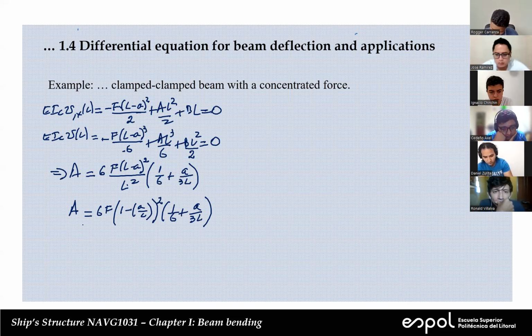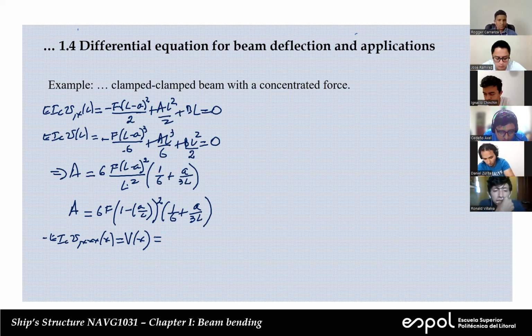Now, yes, do you have a question? Okay, so minus EI_c v''' of x is equal to V of x, right? So if we go from here, we could evaluate.